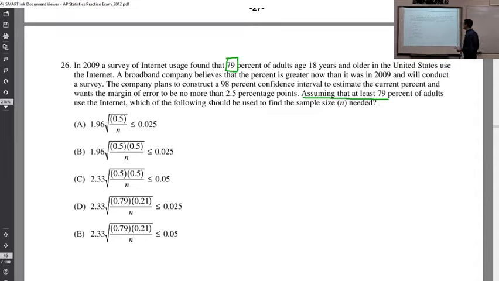So we're going to use that in the formula. And a 98% confidence interval is going to give us that z-score of 2.33. And since we want 2.5 to be our margin of error, we want to make it less than or equal to 0.025. So that is D.